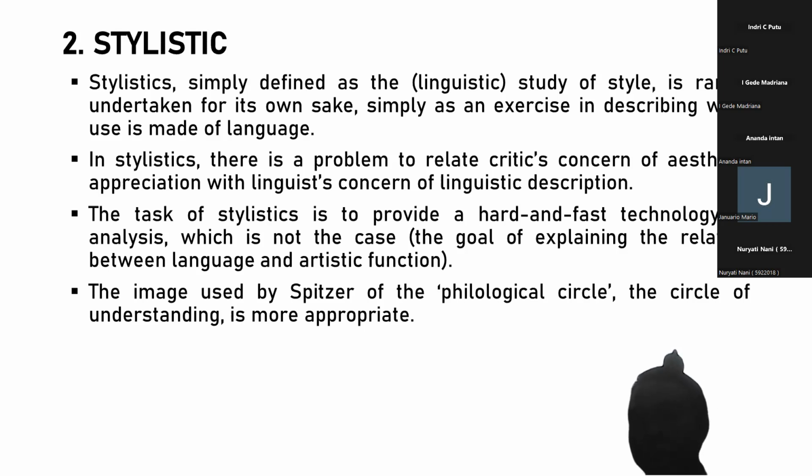And then in stylistics, we are concerned with aesthetic appreciation, while in linguistics, we are concerned with linguistic description. So in stylistics, there is usually a problem relating both of them.